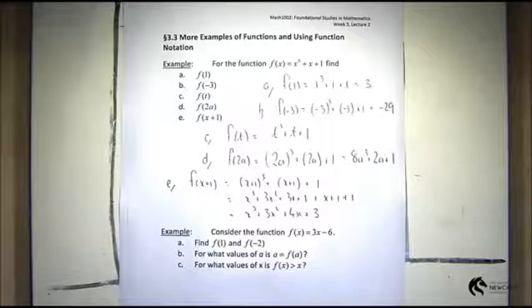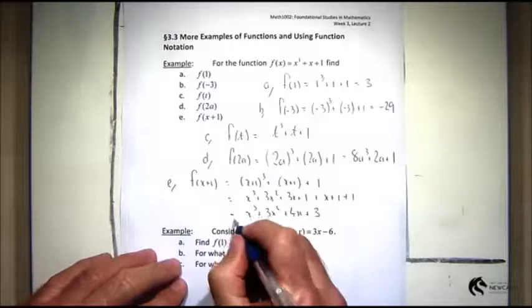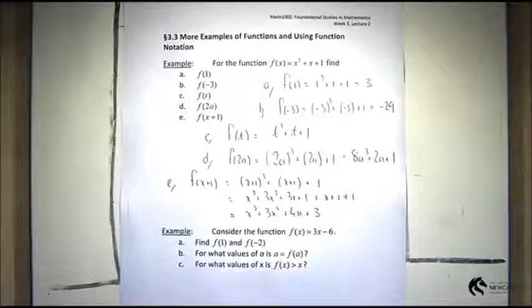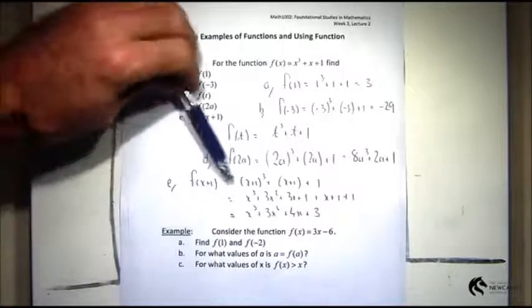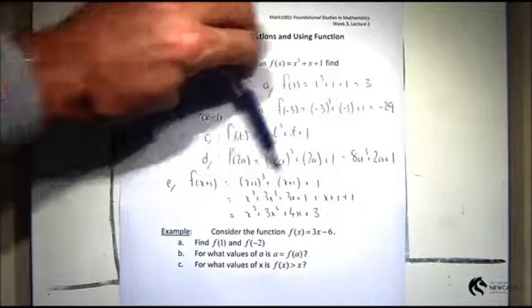And so f(x+1) is this expression here. The important point about all of this is not can you do the algebra, but can you understand what that notation is actually referring to.